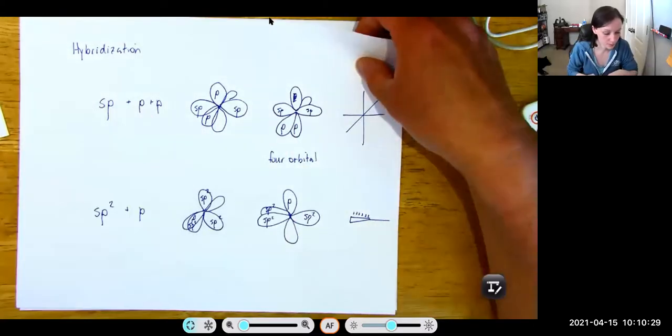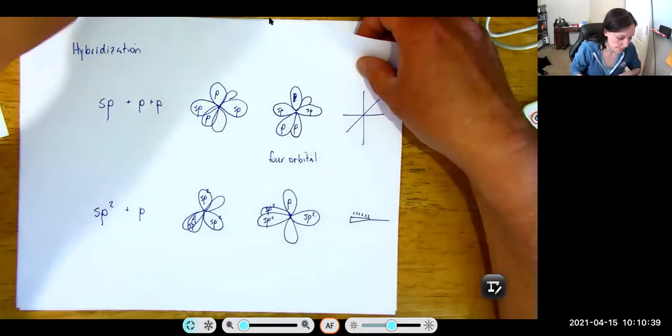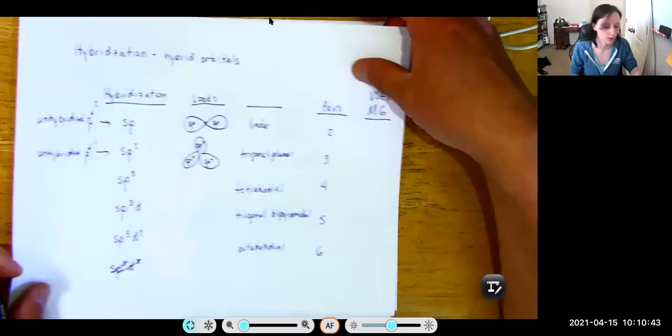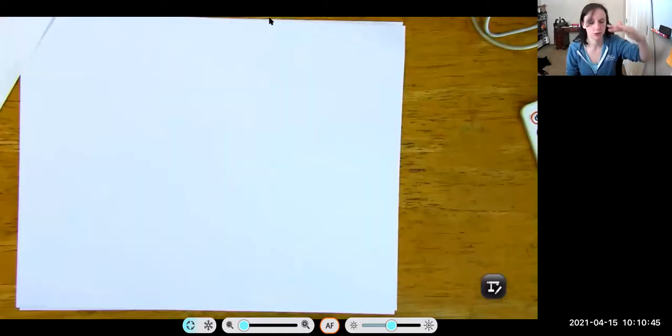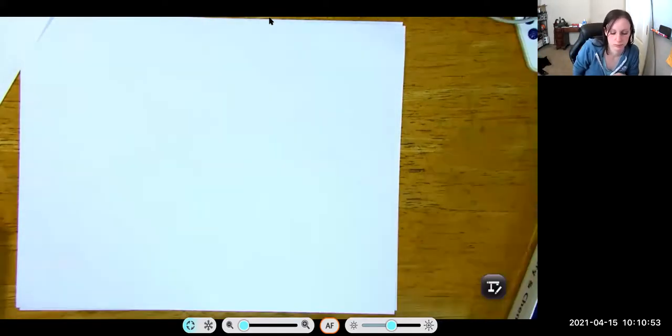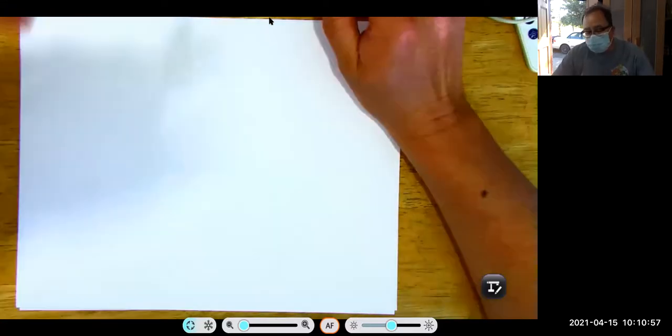So in the book, I'm looking at examples. For beryllium, it draws the 2s and then the 2p, and how they combine together, I guess, is what it's trying to show. Okay, but that's not an electron configuration. It's just how the orbitals hybridize.